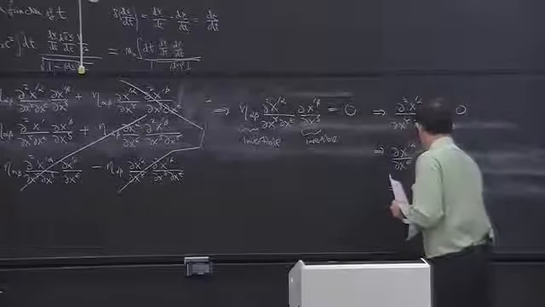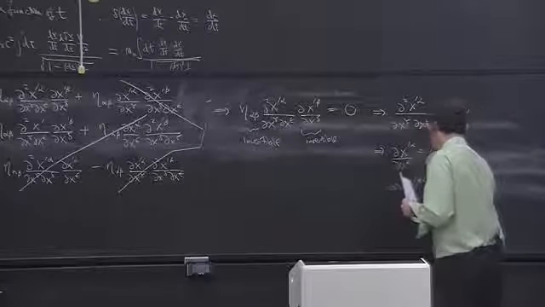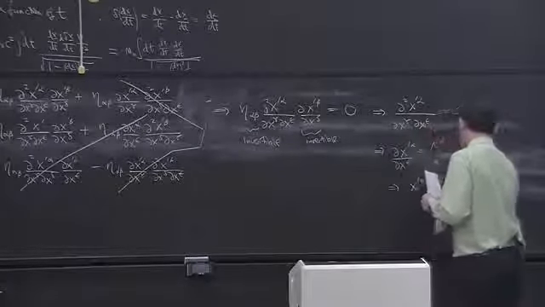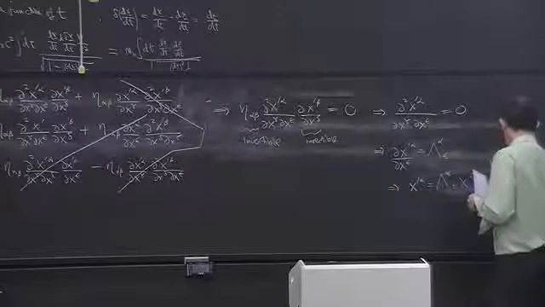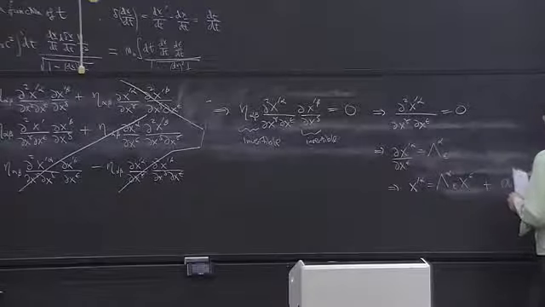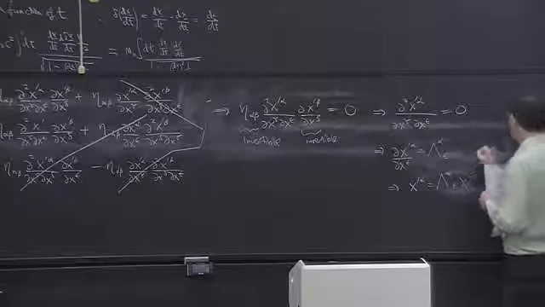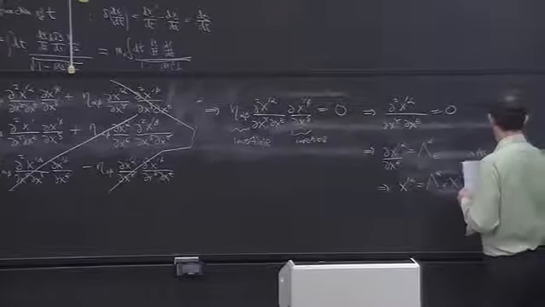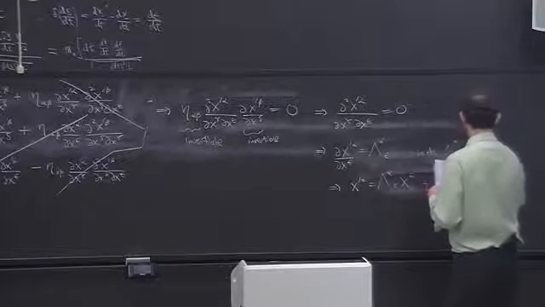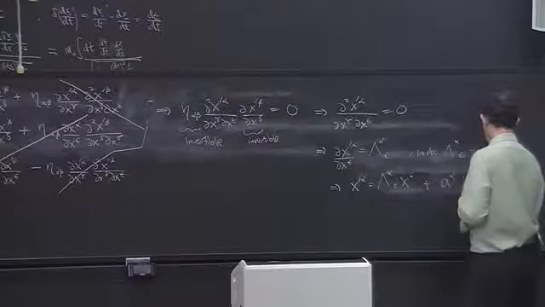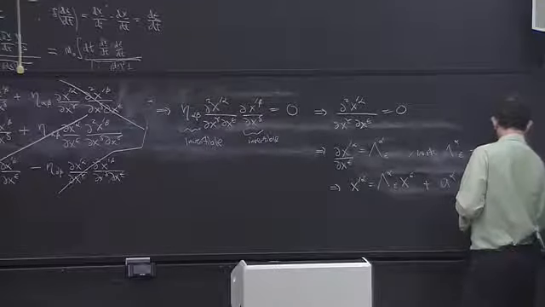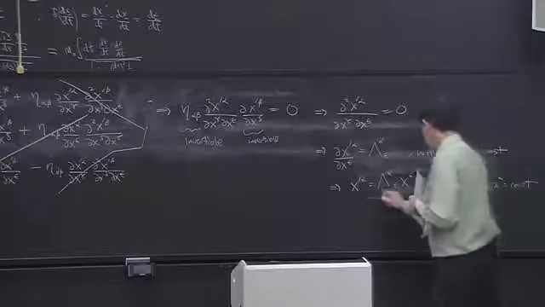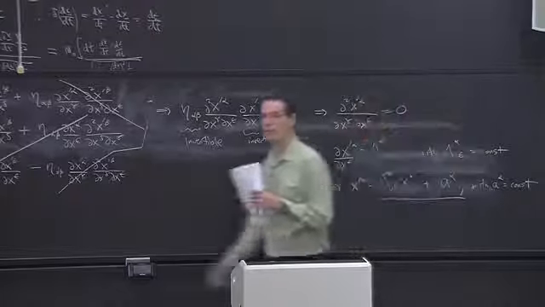So this implies that x prime alpha is lambda alpha epsilon x epsilon plus a alpha, with lambda alpha epsilon a constant, and a alpha a constant. Okay, and voila, that's a Poincare transformation.